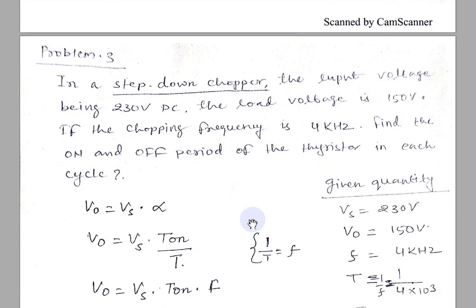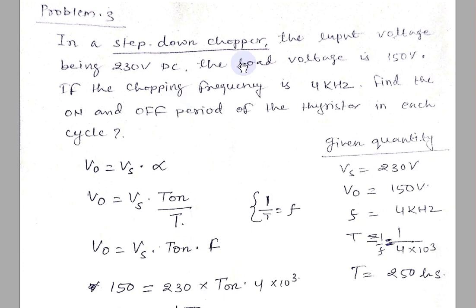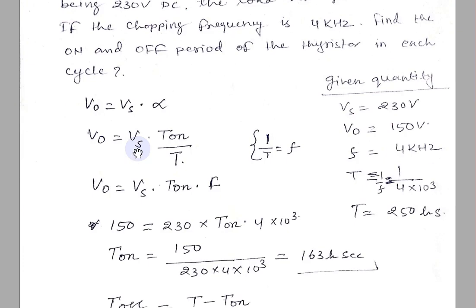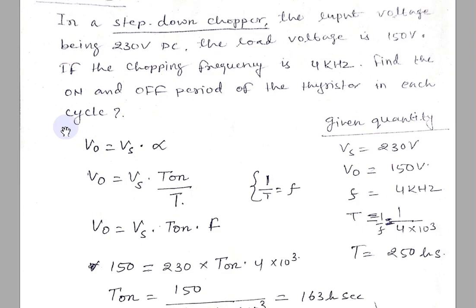Now problem 3. In a step-down chopper, the input voltage is 230 volt DC and the load voltage is 150 volt. If the chopping frequency is 4 kilohertz, find the on and off period of the thyristor in each cycle. For a step-down chopper, we have the formula V naught equal to Vs alpha.